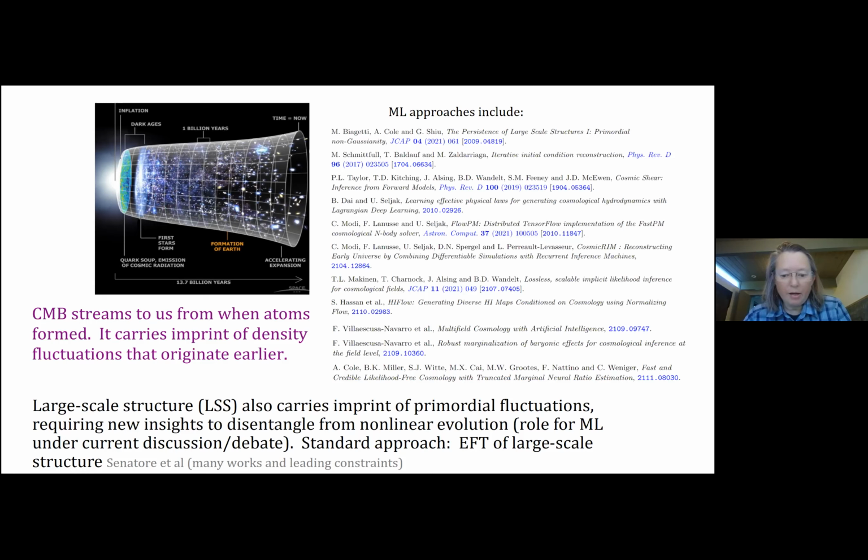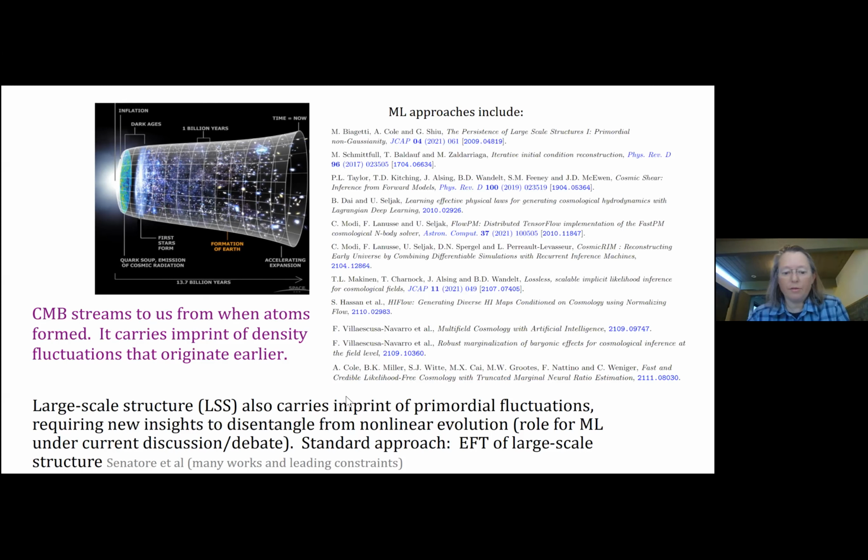So just so you know, for those who haven't seen this, there's a great problem here to be solved that requires extracting information about the primordial universe from the data that you get from these observations, taking into account the fact that there's a lot of nonlinear evolution due to known physics in this picture.